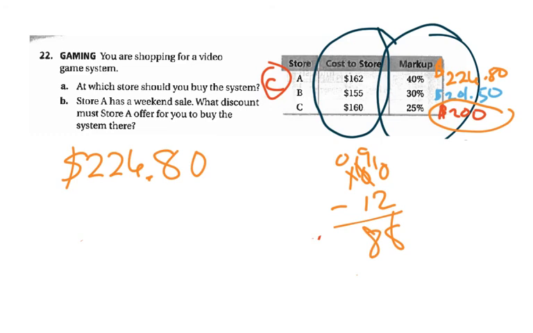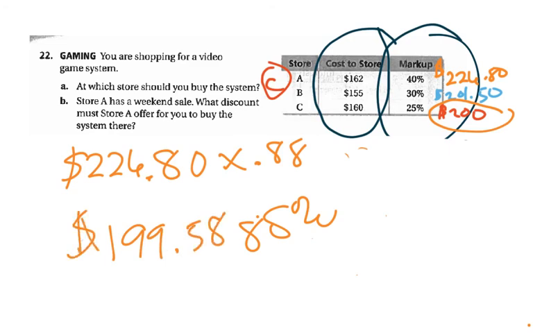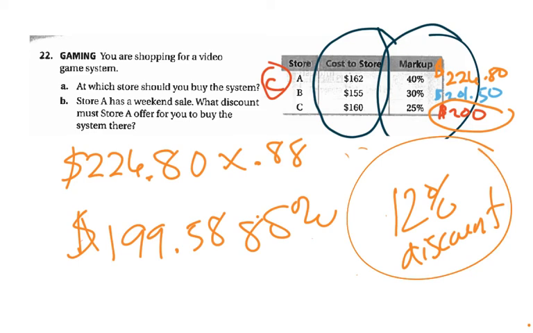Okay, so what I'm going to do now is take this $226.80 and multiply that by 0.88 because that would be 88%. So I'm going to take 226.8 times 0.88. When I do, I get $199.58 when I round it. So that's under the $200. So they have to offer a 12% discount in order to be the best deal.